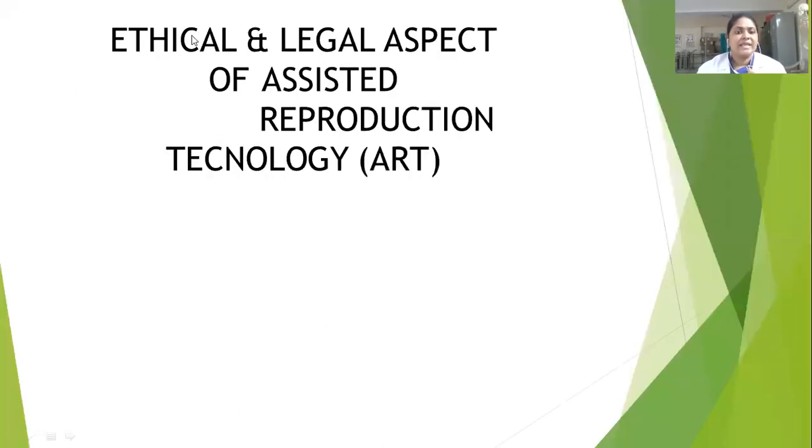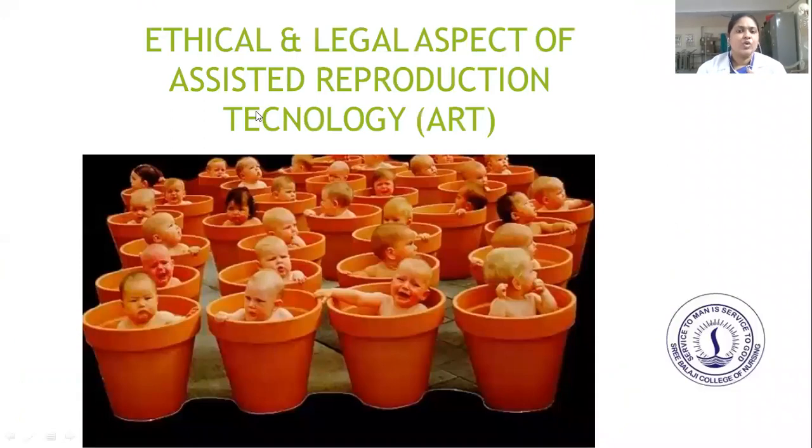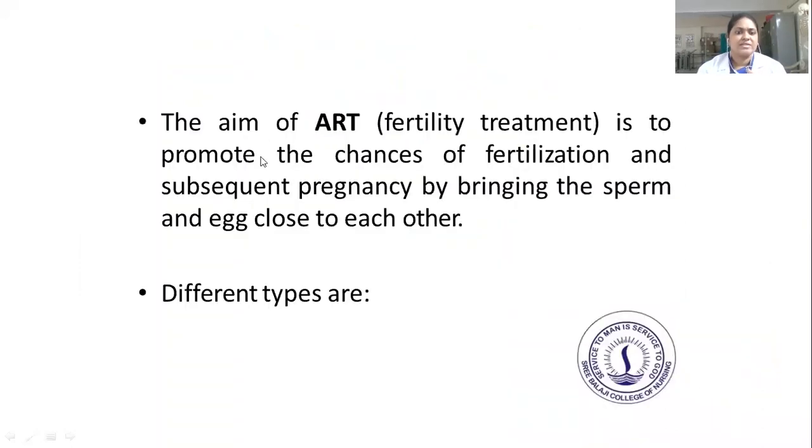And last is the ethical and legal aspects of ART. Definitely in this infertility treatment, we are going to encounter a lot of ethical and legal issues. So these are the technologies that we are going to see under ART, that is assisted reproductive technologies.